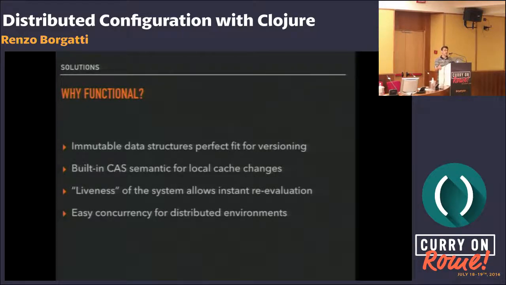Another aspect that is important is that functional languages, especially the Lisp family, come with this concept of liveness of the system. They are not the only ones. There are also object-oriented systems with this liveness, of course.